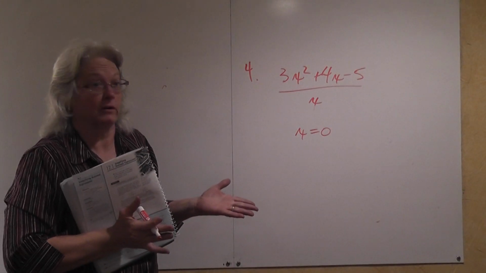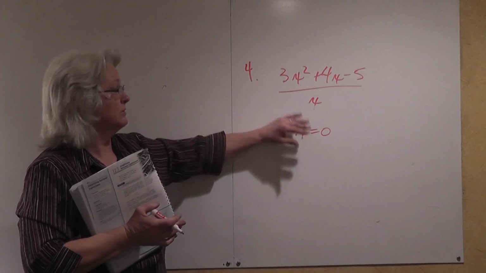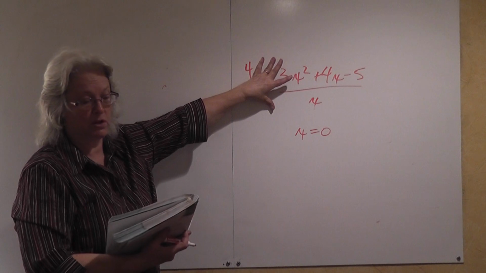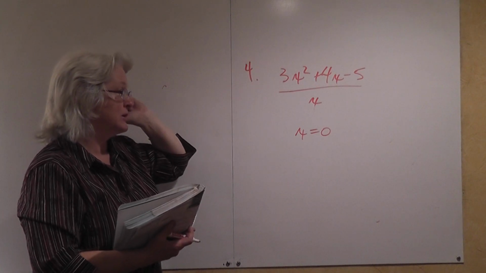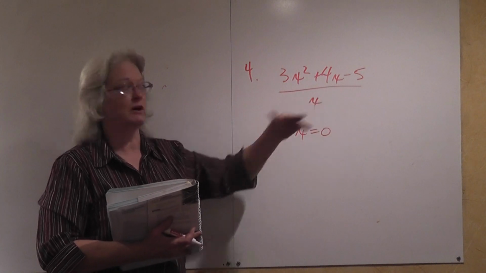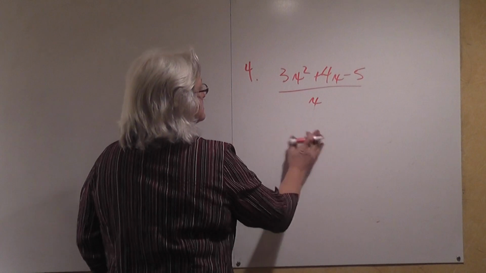Nothing to solve here. This simply tells us that when x is 0, this whole rational expression is undefined. So you would say 3x squared plus 4x minus 5 divided by x is undefined when x is 0.